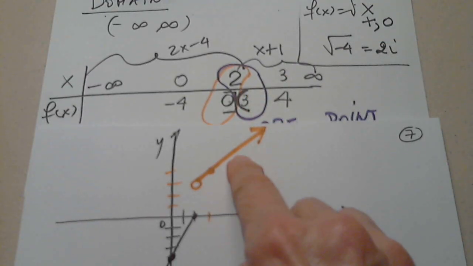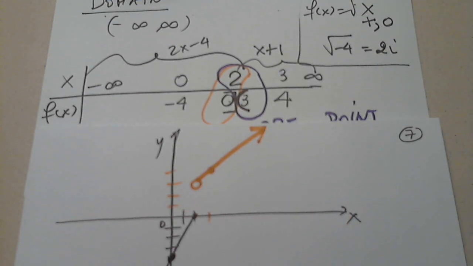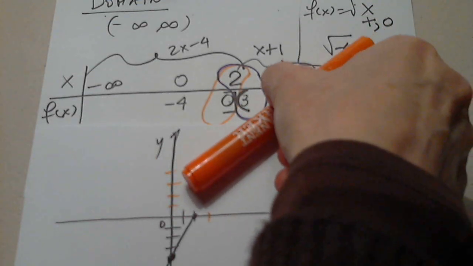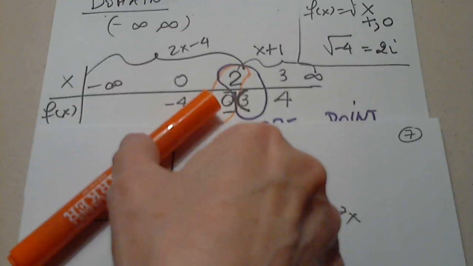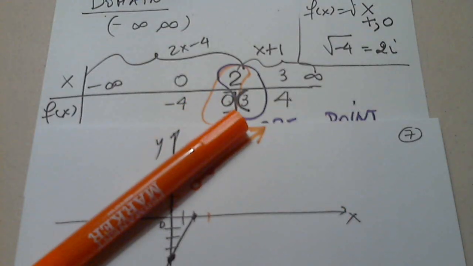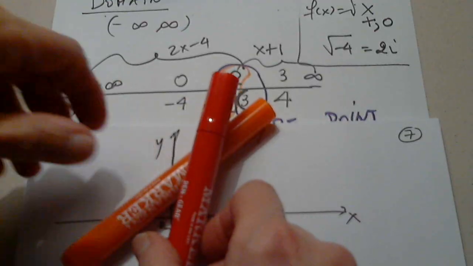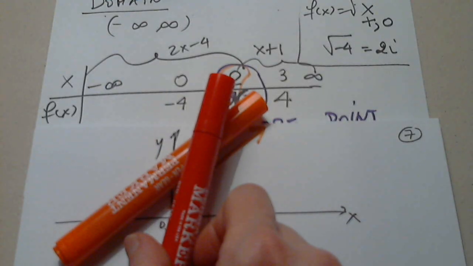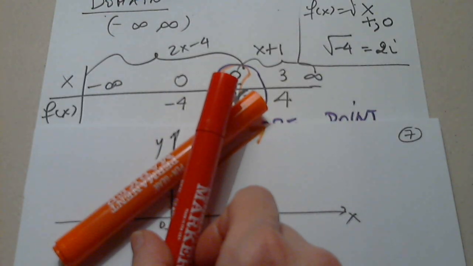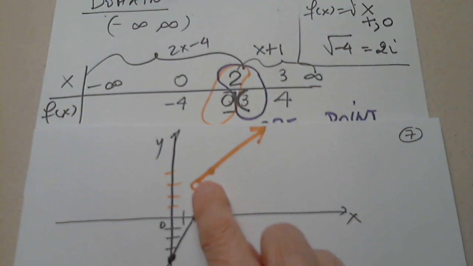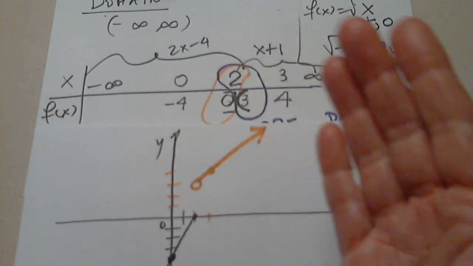If I extend this to the left and I extend this to the right, oops, this is no longer a function. The orange piece is only from 2 to infinity.